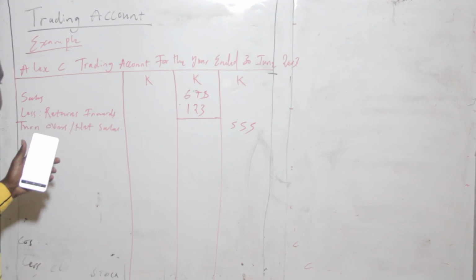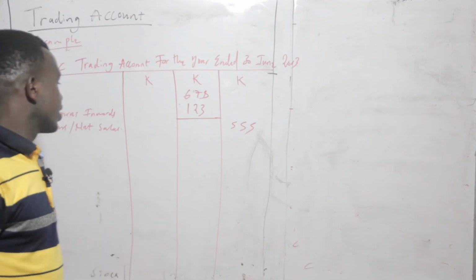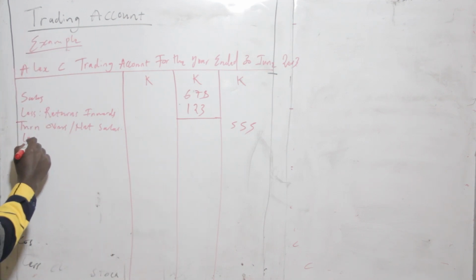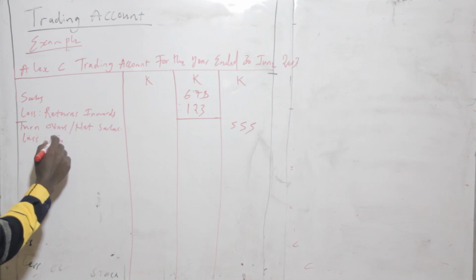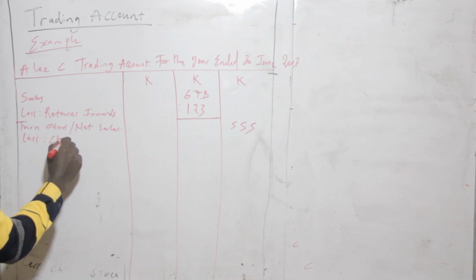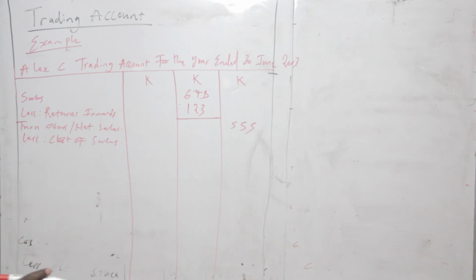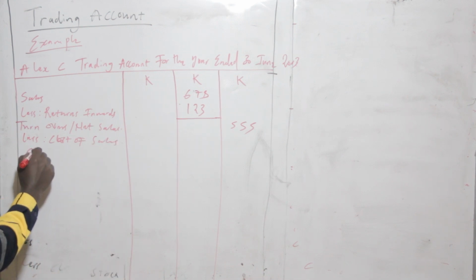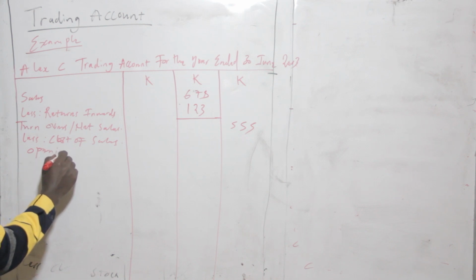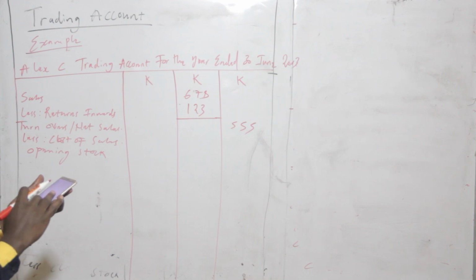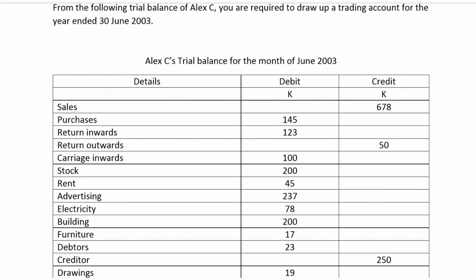Since we have recorded our turnover or net sales, the next thing we're going to say is less cost of sales. Then we are going to start with our opening stock. If we check in the question there, our opening stock is 200.